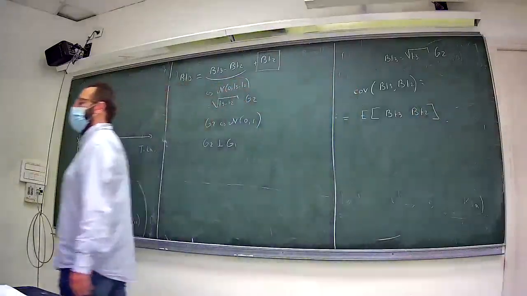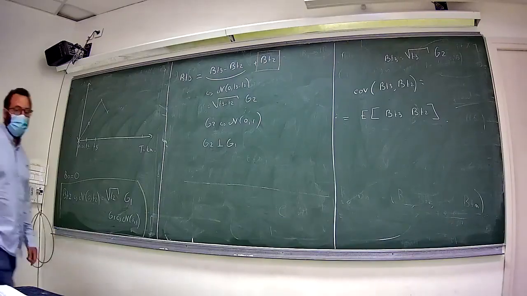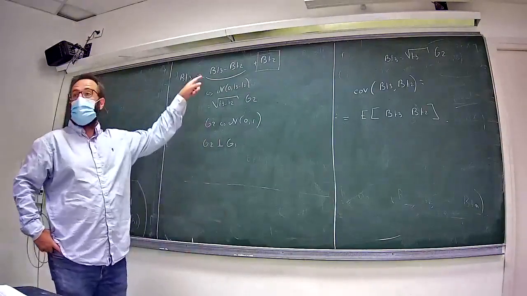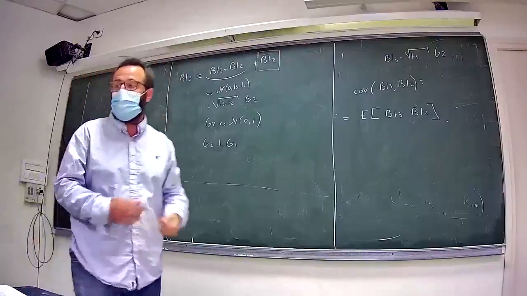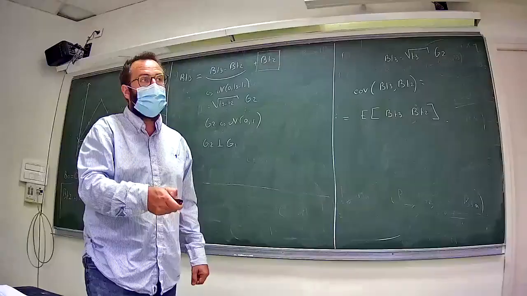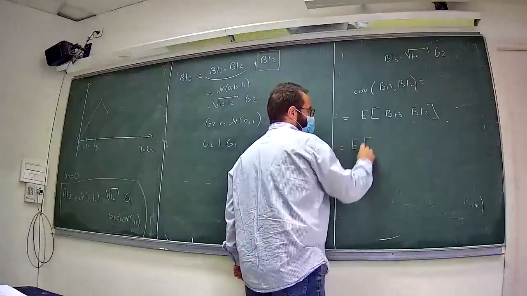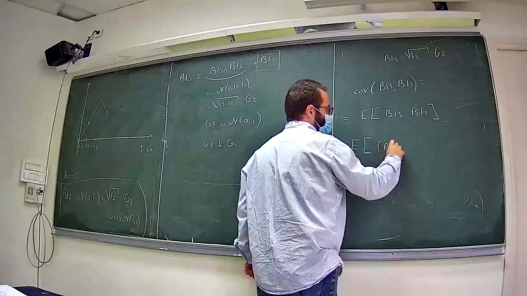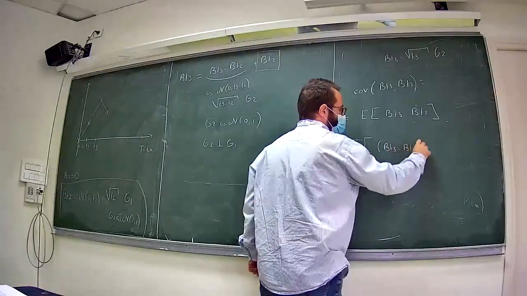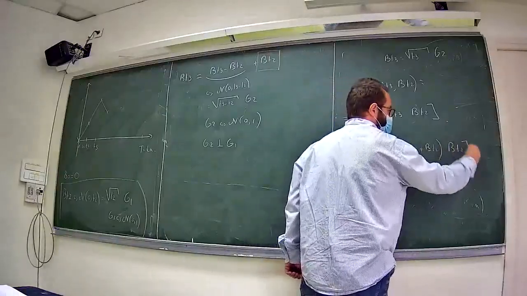Okay, so how to compute it for Brownian motion? The idea, I repeat, is exactly what I have done here. You make the increment appear because in the definition you have things about increments, Bt minus Bs. So the idea here is to write the expectation of (BT3 minus BT2 plus BT2) times BT2.